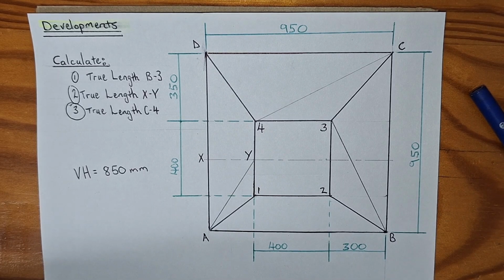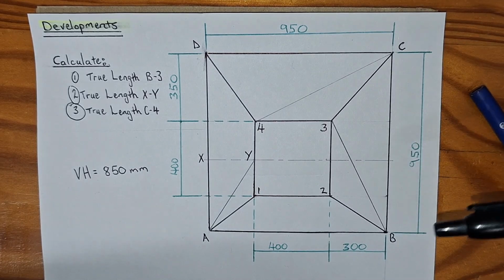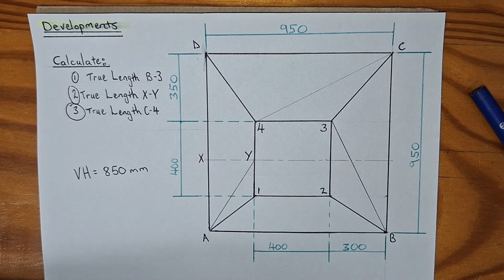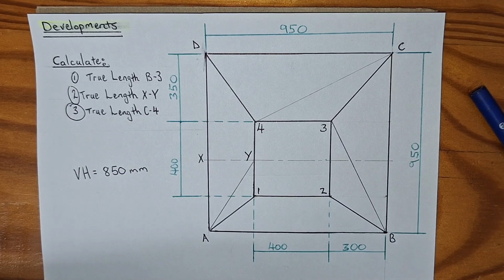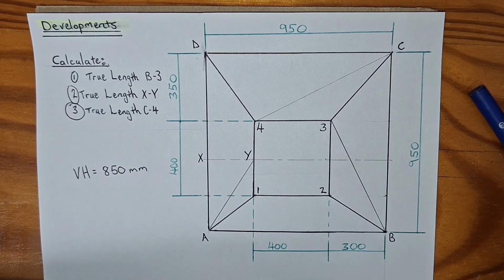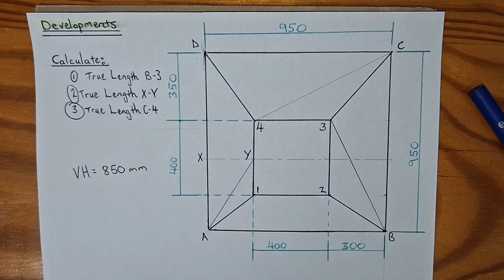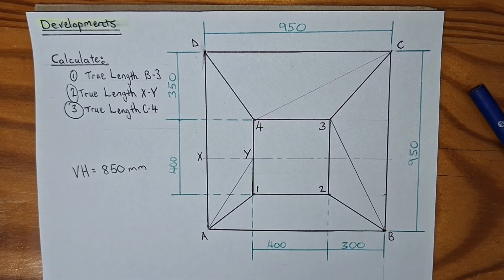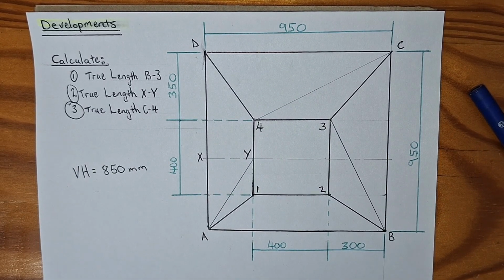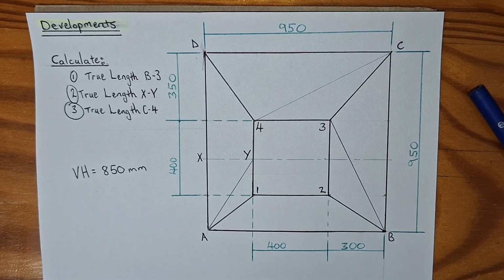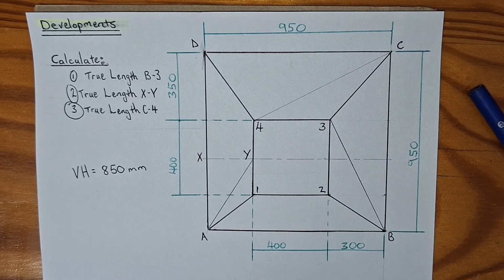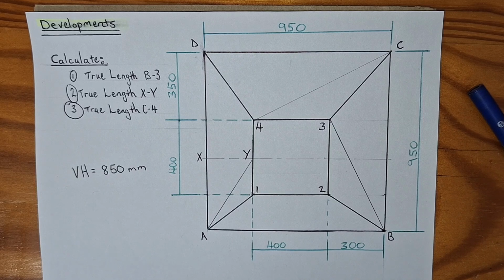So from the given information, there is a square to square hopper which is off center. Let's quickly go through the terminology. Let's quickly discuss what a hopper is first. A hopper can also be referred to as a type of funnel.